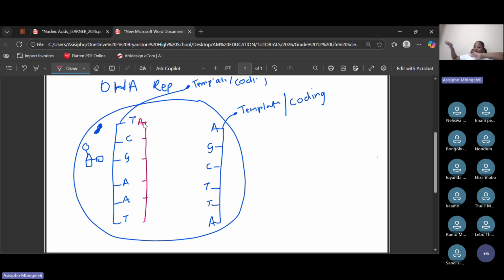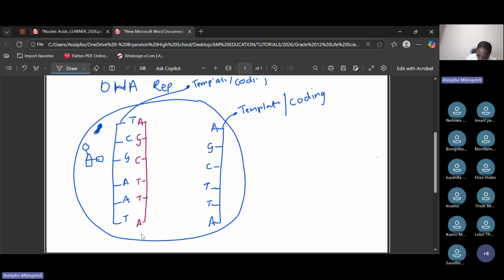Then another DNA nucleotide floats, a C, and a G, A, T. Okay, there's a G, boom, it finds a C. You get a G here. Then, since we are having a G this side, a base that is going to complement that will be a C. Then since we have an A on this template strand, a base that will complement that will be a T. And then here will be a T, and here will be an A.